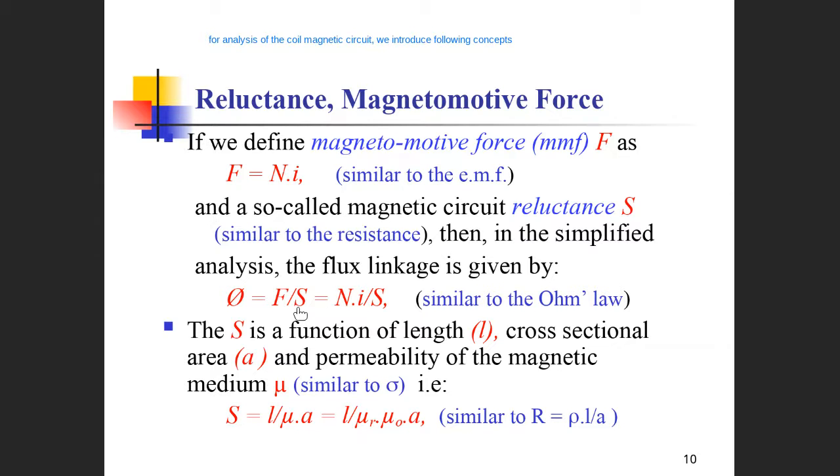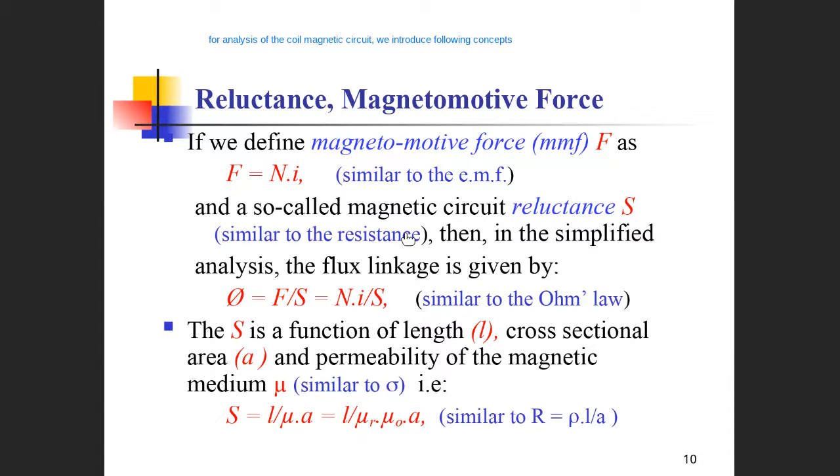We can imagine what factors affect the flow of the magnetic flux in the coils. The first thing is the cross-sectional area of the coils. If the cross-sectional area is bigger, then we have more room to allow the flux to go through it.